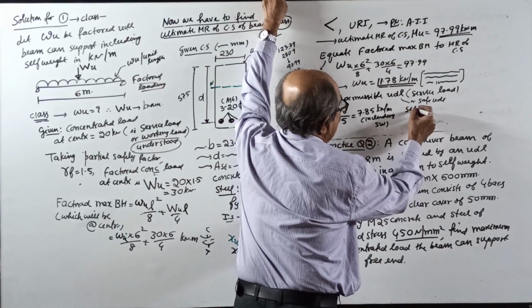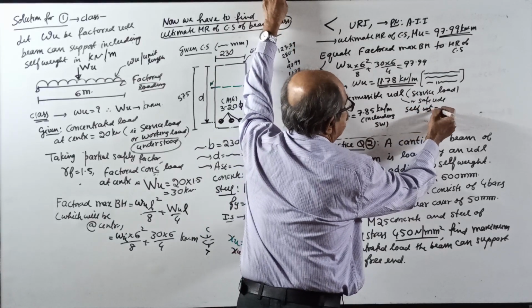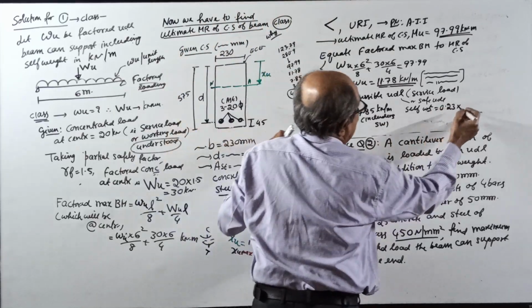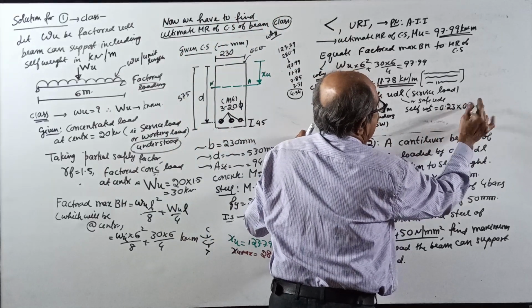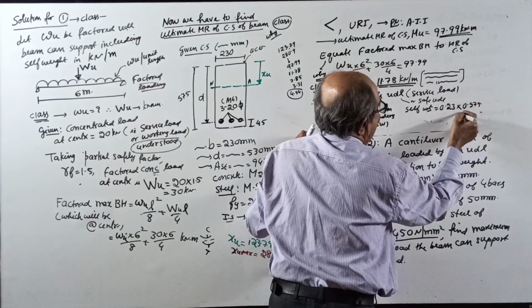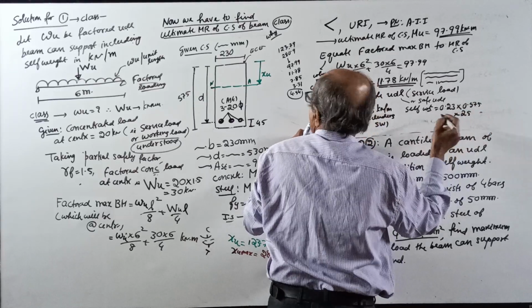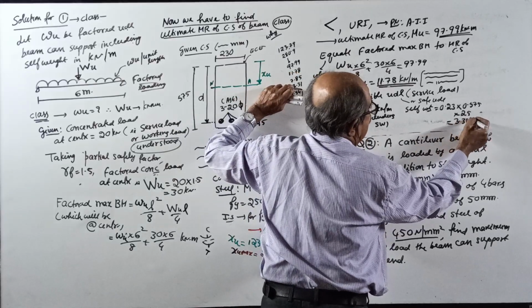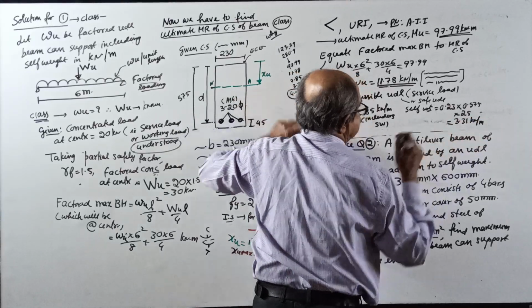Now calculate the self-weight. Self-weight equal to 0.23 into 0.575, I told earlier, 0.575 into 25. That will come 3.31 kilonewton per meter.